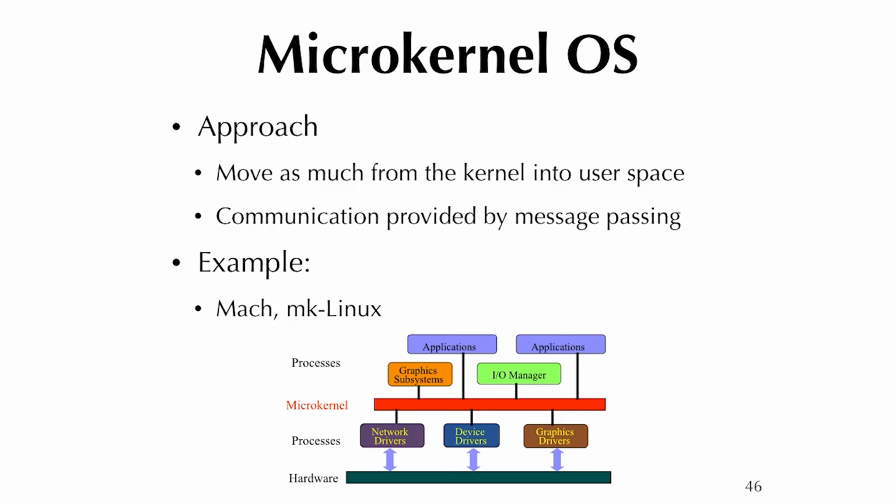So that means unless it's a core service which has to be done in kernel mode, everything else, if it doesn't have to be done in kernel mode, do it in a separate user process, in its own user space. That gives you the protection, right? So if that crashes, it's just like another user process, it doesn't crash the OS.